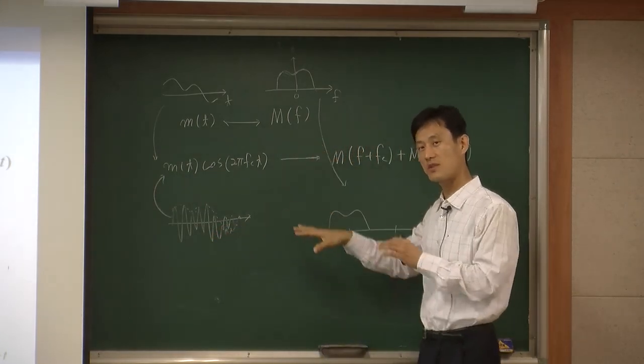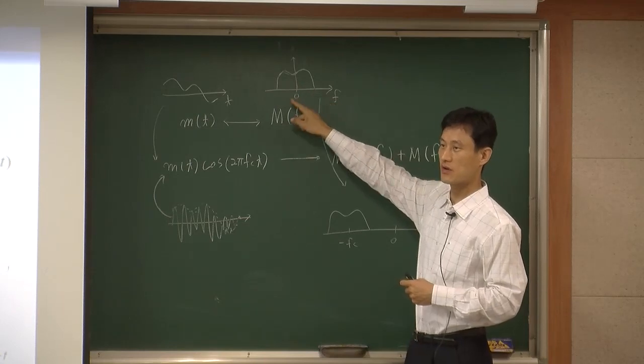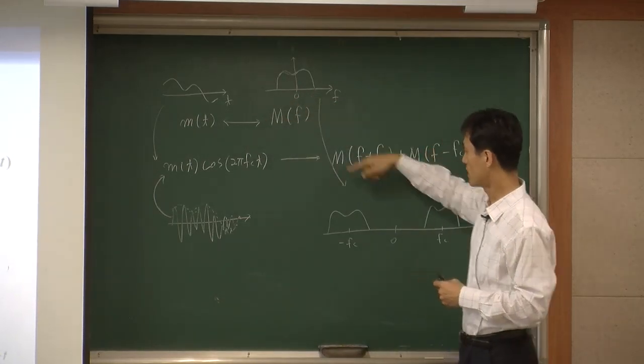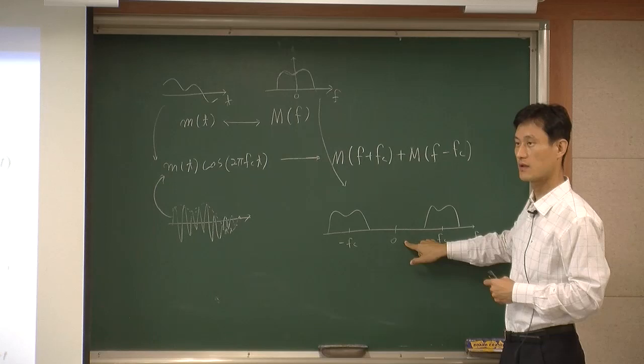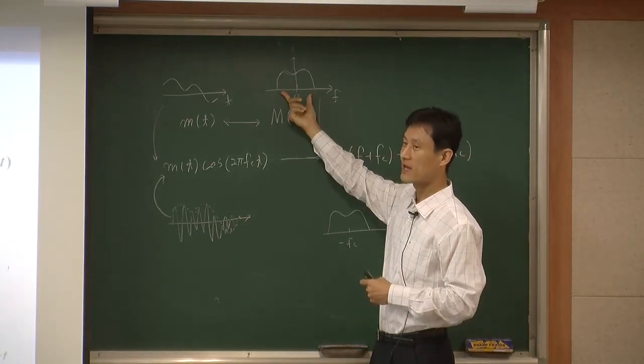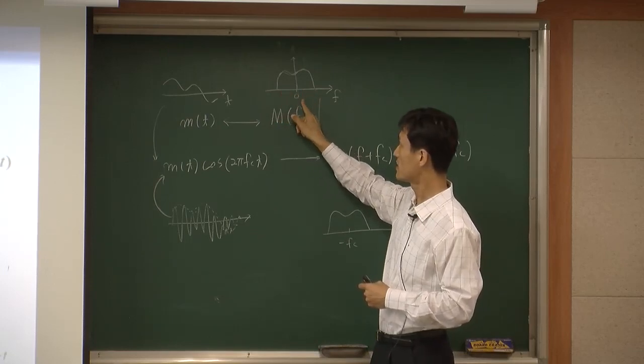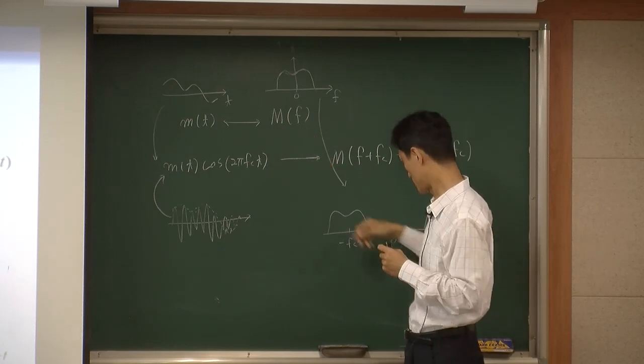When you look at the same thing in the frequency domain, this was the original frequency response of your signal, and now it becomes this way. Originally, you have all of your frequency in the baseband. This is called the baseband because we have all the frequency around 0.